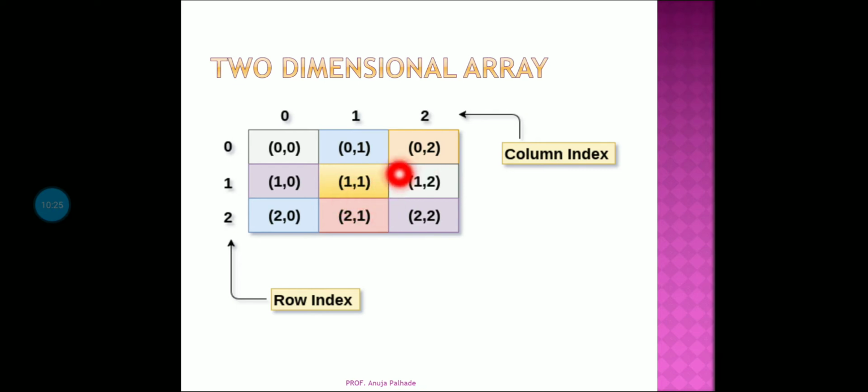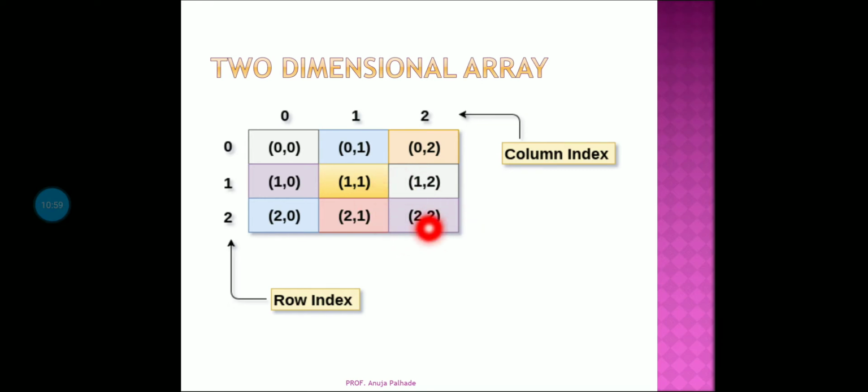Whatever element you are going to store here in this yellow color block will have index 1 comma 1. Suppose the name of this array is school. So school of 1 comma 1 is the address of the element stored in this block. Now these are the column addresses, which also start from 0 base address, and these are the row indexes, which also start from 0.